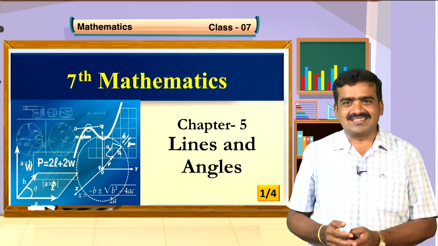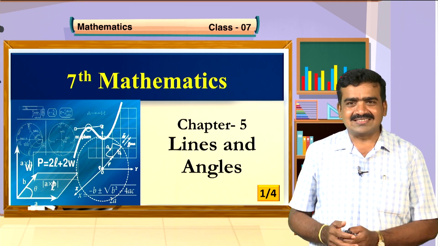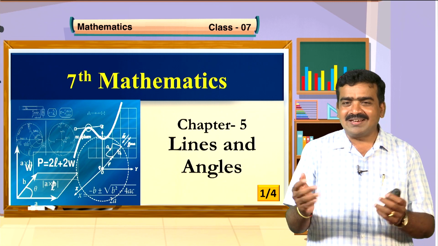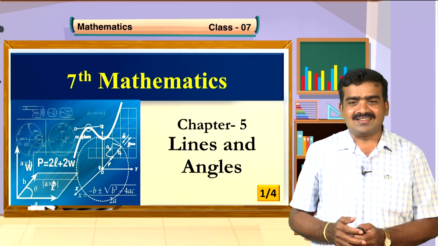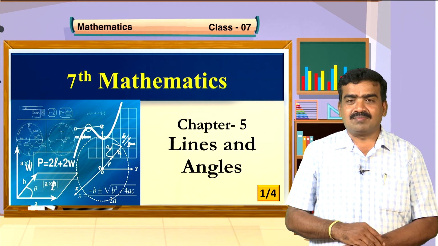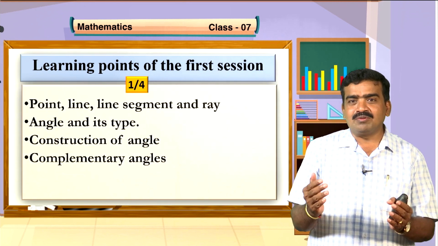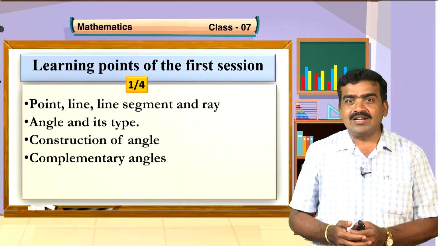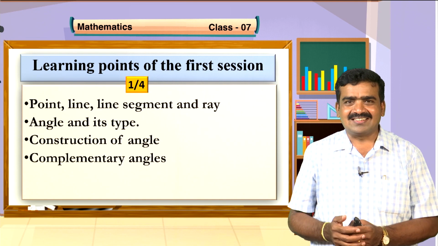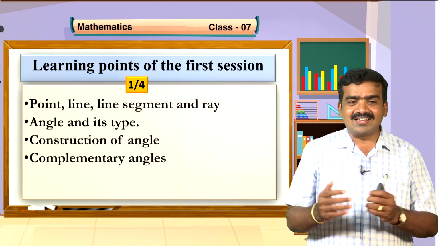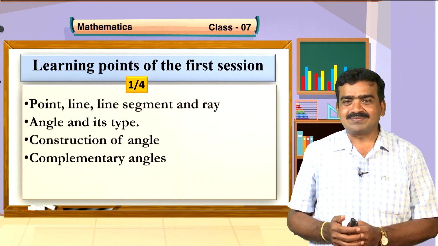My dears, in today's class, I am going to give you some details about chapter number 5, lines and angles. I am going to give you the details about this lesson in 4 different sessions. You are going to learn about the following points in the first session.